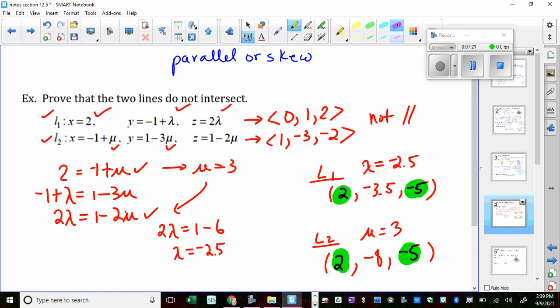That's where I know that these two lines are skew. That third one that I never touched earlier is the part that proves that they're skew.